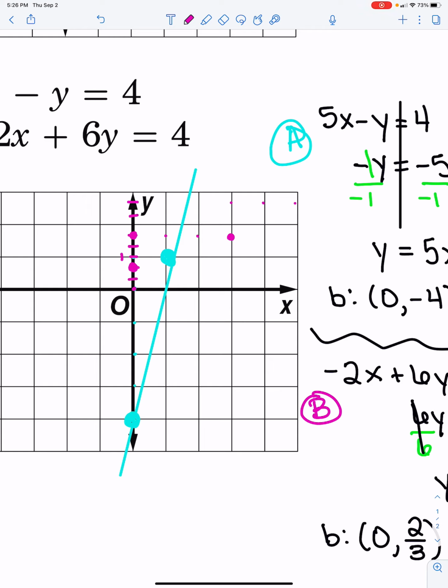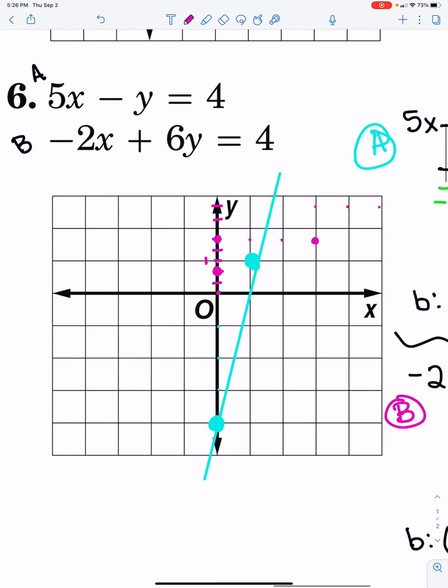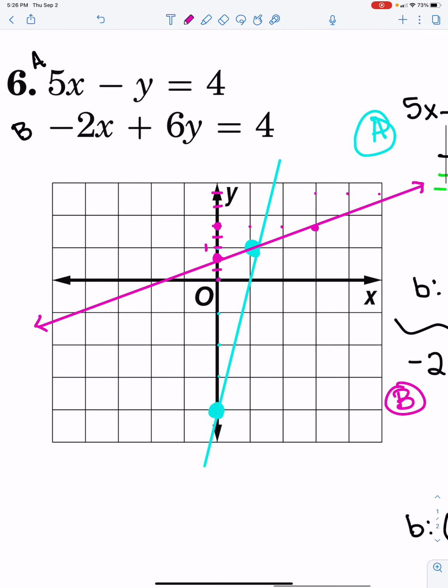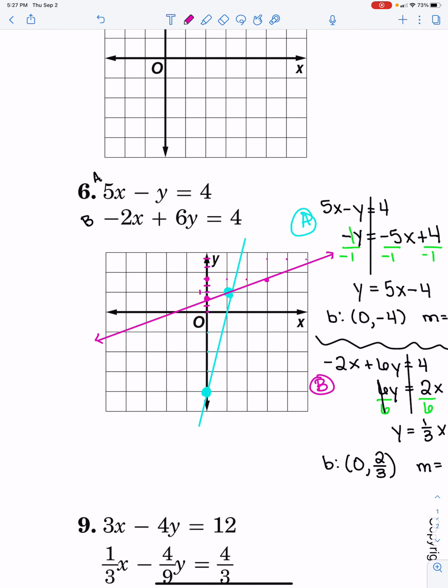But as long as we have 2 points, we'll be able to create that line. Our one solution would be right here where the 2 of them meet.